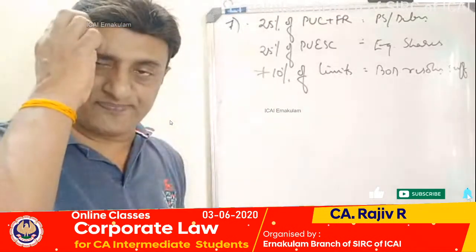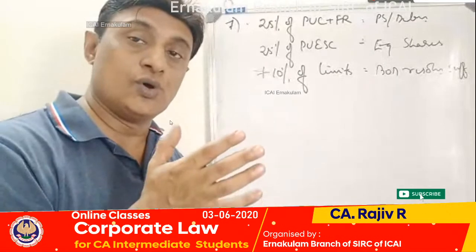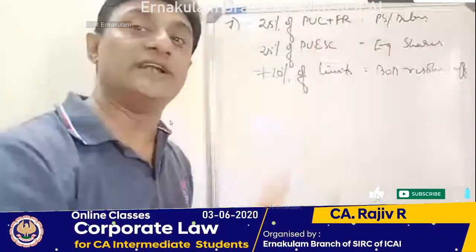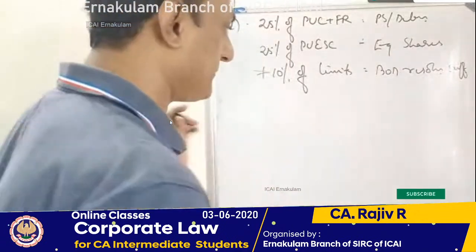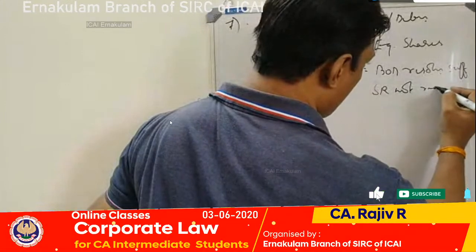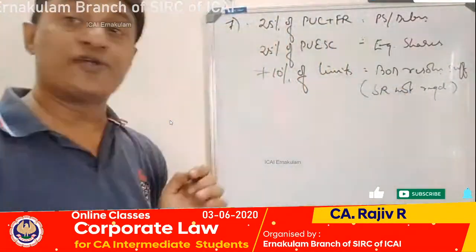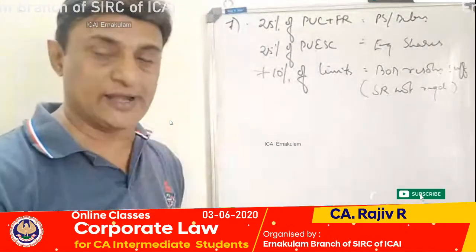25% is the limit. But if at a particular point in time you're going to keep it to not more than 10%, then the special resolution is not required. A board resolution is sufficient, if the board authorizes it.